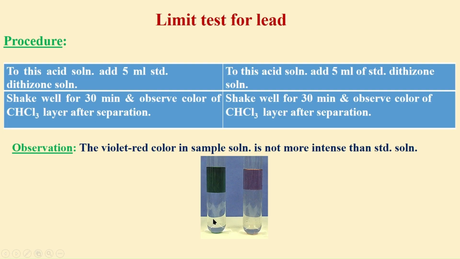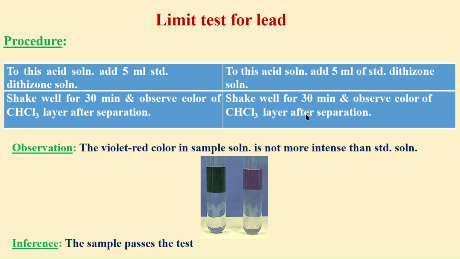The lead nitrate present in the aqueous solution gets extracted into the chloroform layer in which dithizone is present, forms the dithizone complex, and is converted into violet red color. If the coloration produced in the test solution is lesser than that of the standard solution, then it passes the limit test. This is how we perform the limit test for lead.